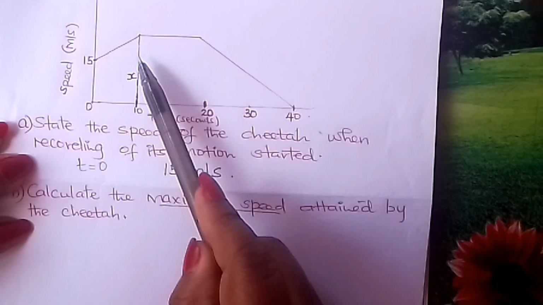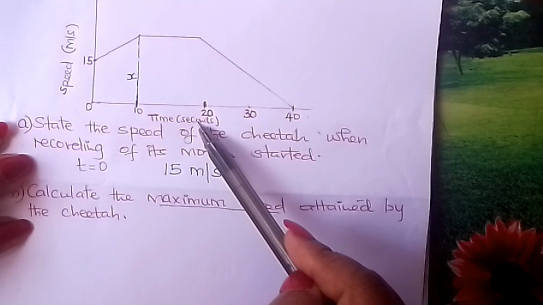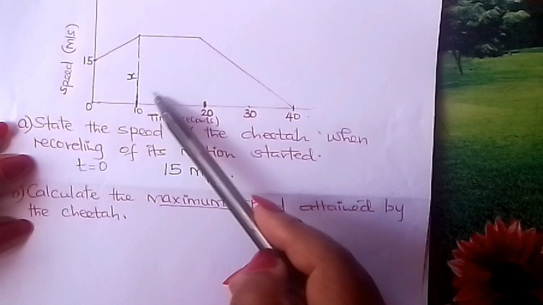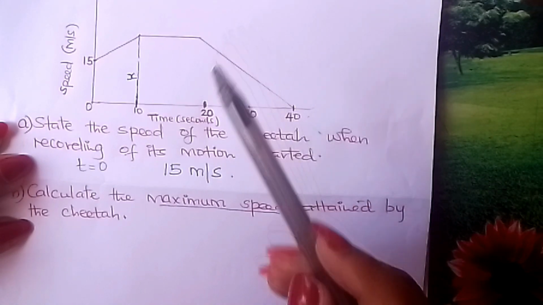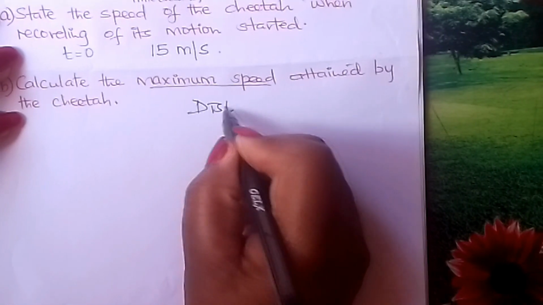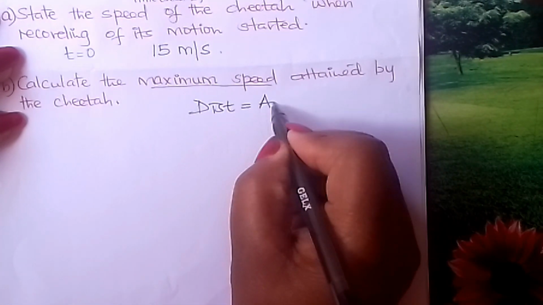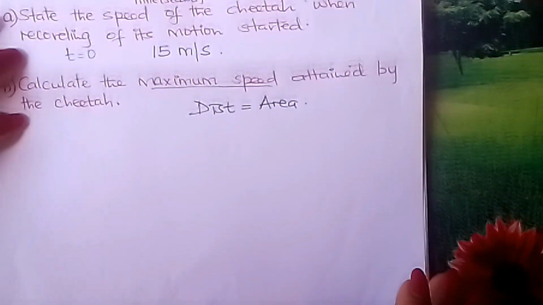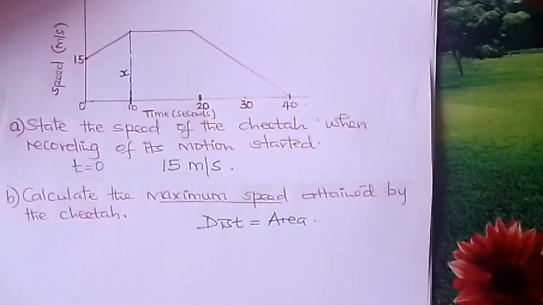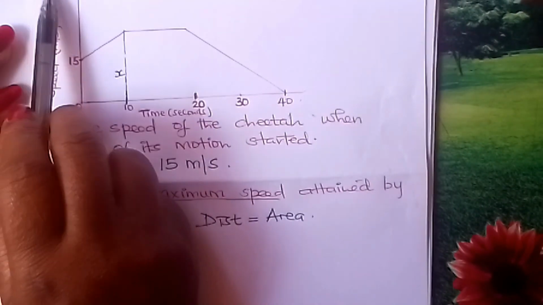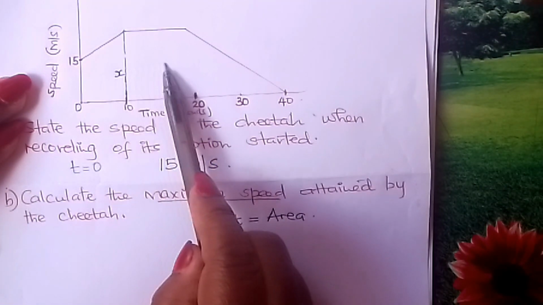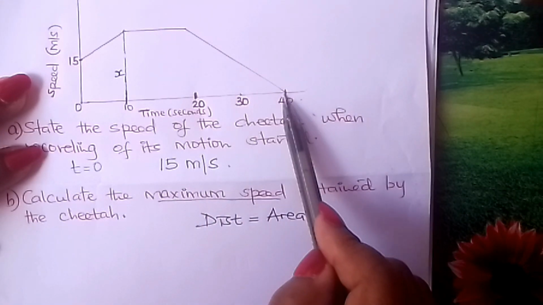The distance covered in a speed time graph is equal to the area of this shape here. We are told that the distance covered is 825 in 40 seconds.